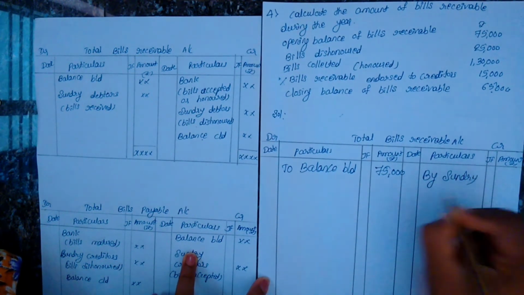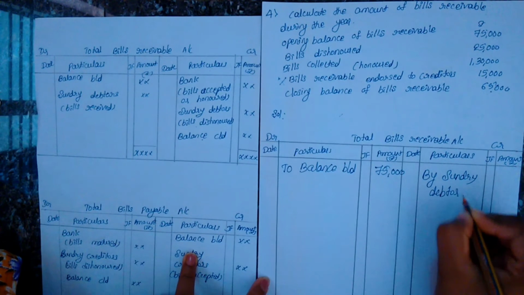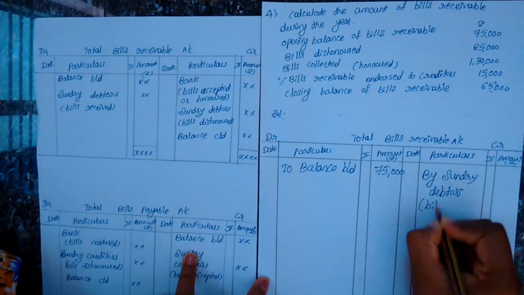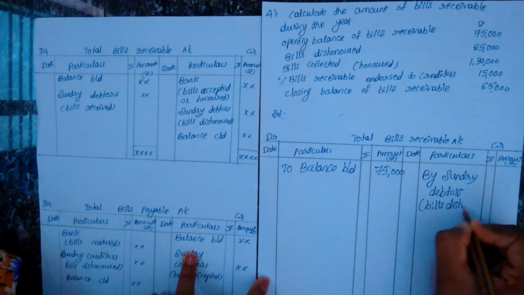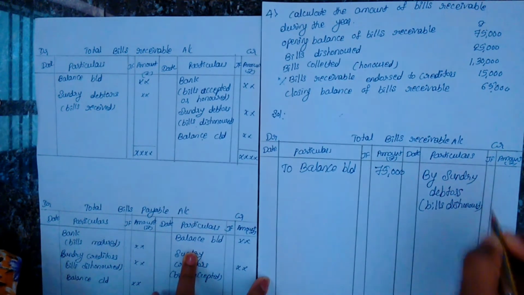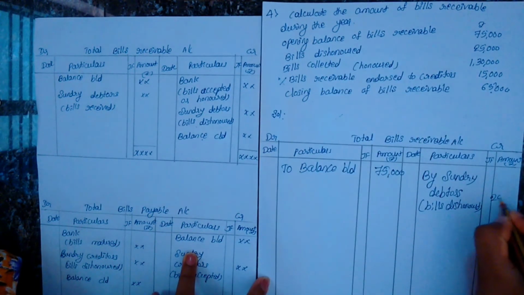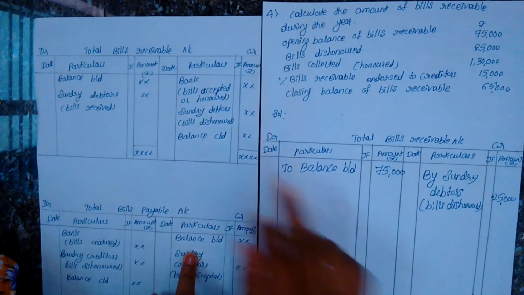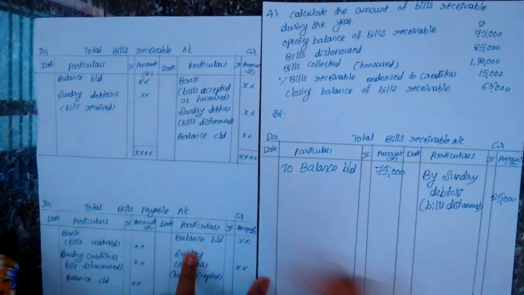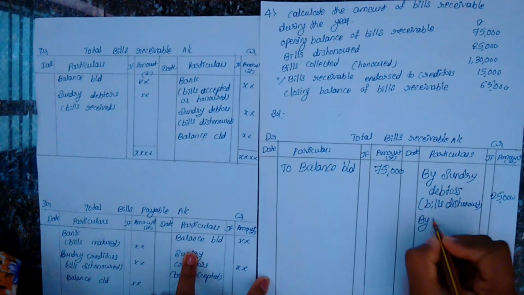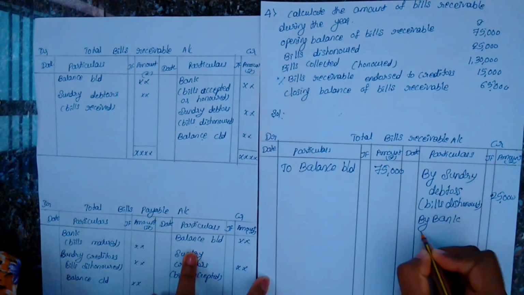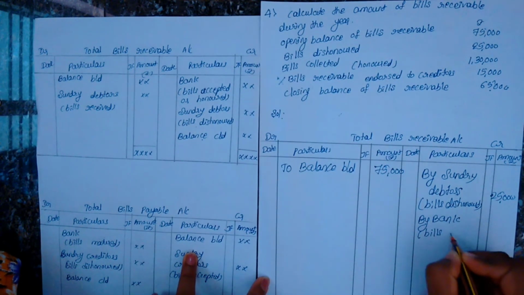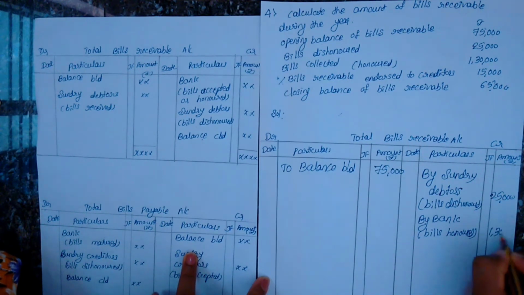By sundry debtors, bills dishonored, right? How much? 25,000. Next, bills collected or bills honored, in the sense by bank. Bills honored or collected 1,30,000.